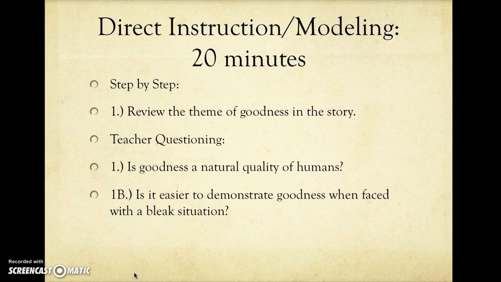What the students will have to be working out amongst themselves, and obviously with my help and my interpretation, is that if we are faced with an impossible situation, and it could be death as it is in the story, but it could just be that we've had a terrible day and there's really not a good option, is it easier for us to behave good then?